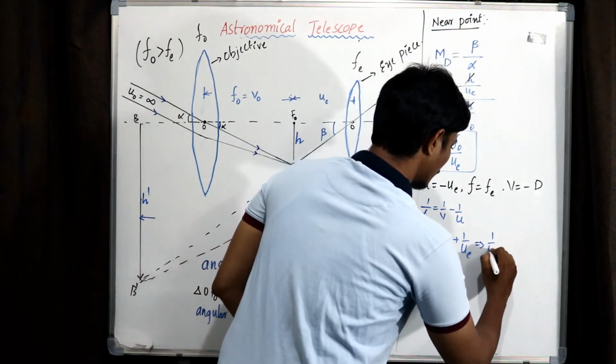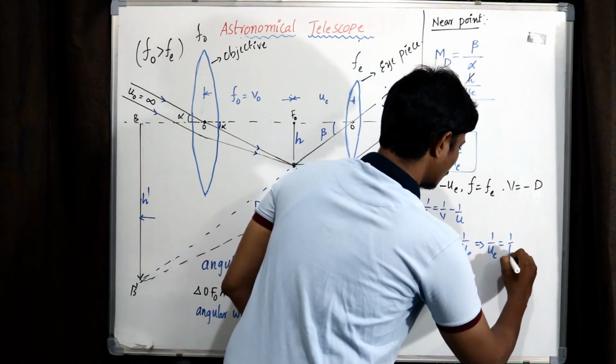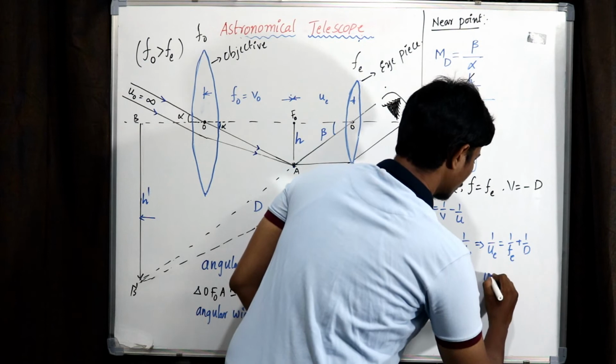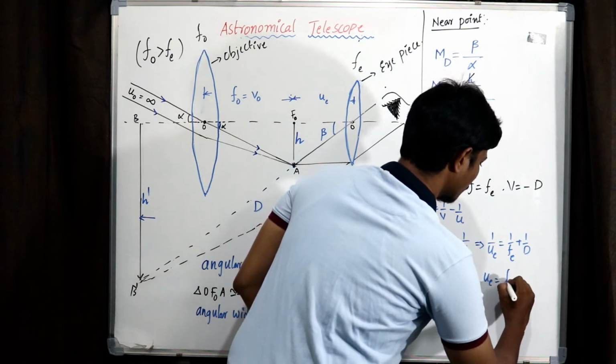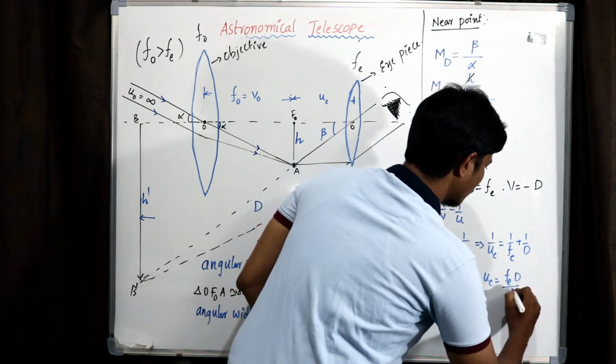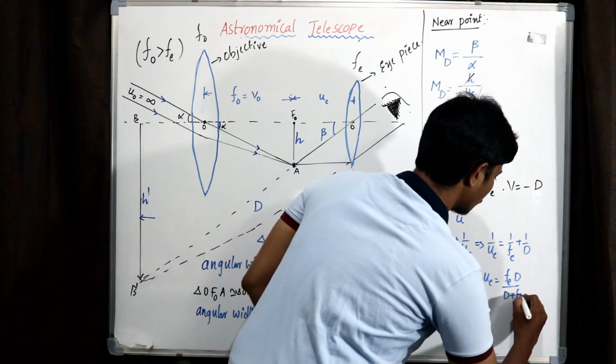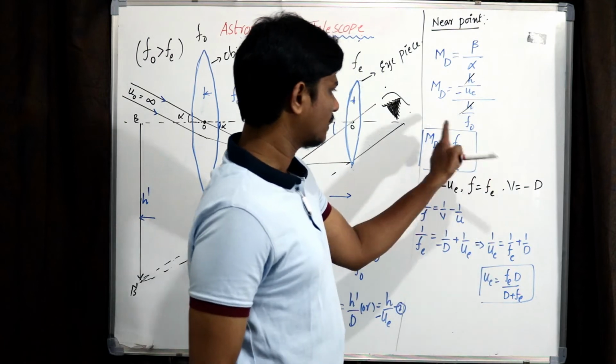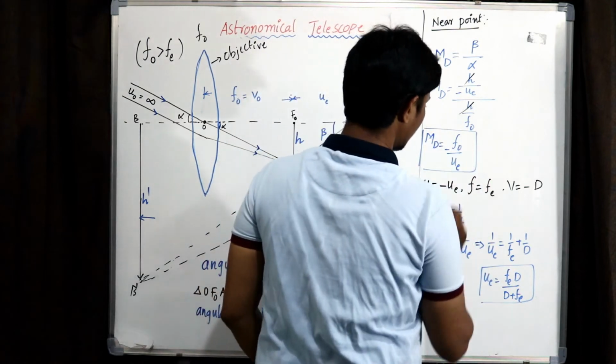What will you get? 1 by u_e is equal to 1 by f_e plus 1 by D. Therefore, u_e is equal to f_e D by D plus f_e. Substitute this in the given equation. This is minus.